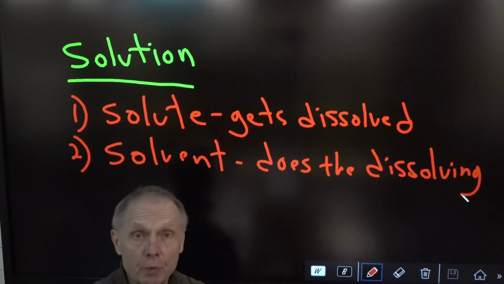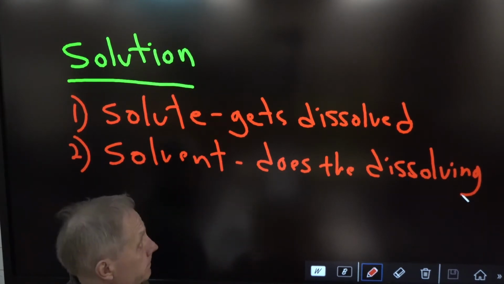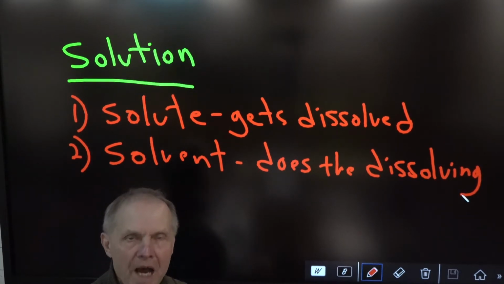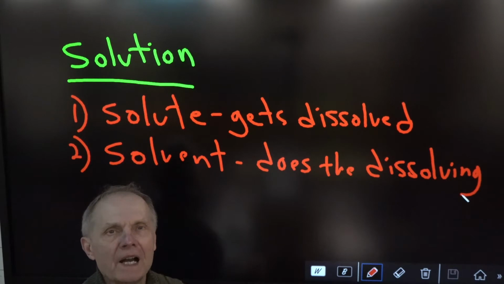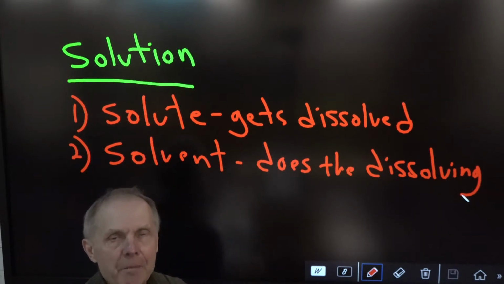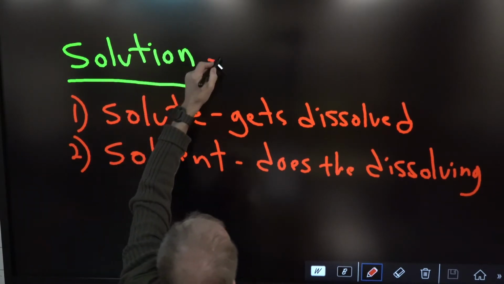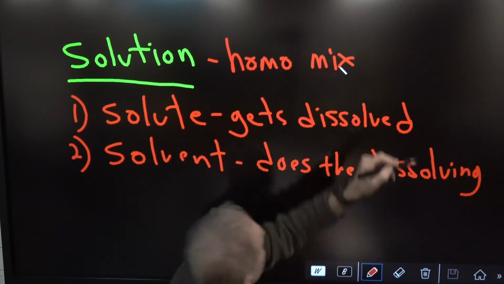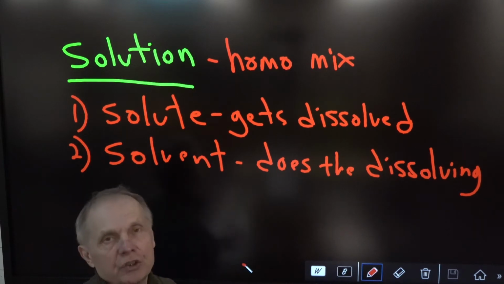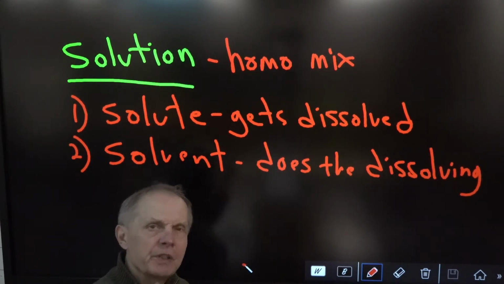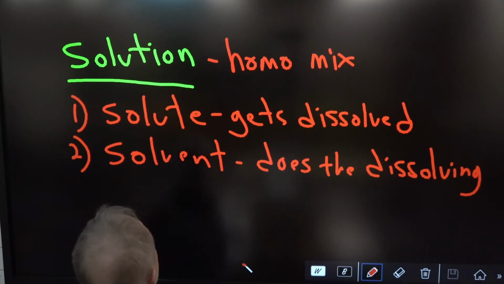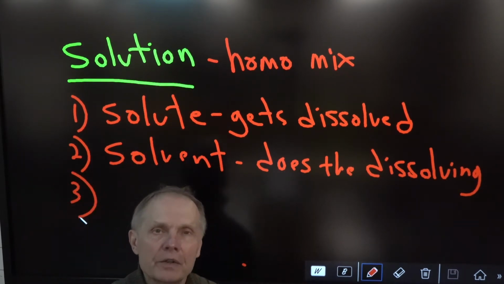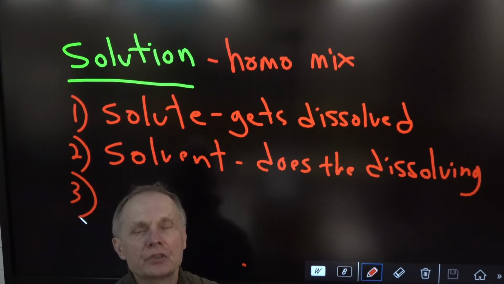The universal solvent is water. Stir it up. Now, if you take a sample of the top, middle, and bottom of that salt water, you'll find that it's all the same. And that means a solution must be a homogeneous mixture. All right? Physically put together, a homogeneous mixture.